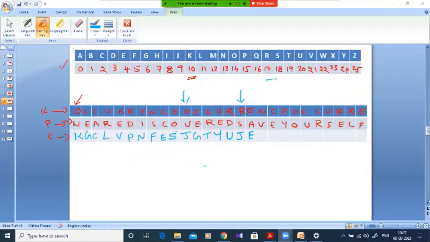Next E, similarly L, one more L, and O. Then, suppose these binary digits are the plain text, and using some key digits we can perform the XOR operation. I hope everyone knows the XOR operation. 1 plus 1 will be 0, correct?